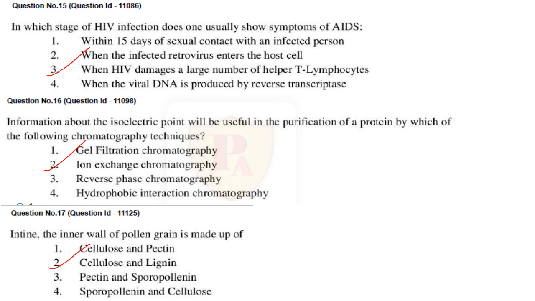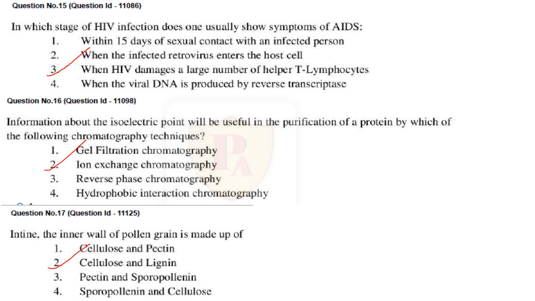If the buffer pH is above the isoelectric point of the protein, it will be negatively charged and will bind to an anion exchanger. Now if the buffer pH is below its pI, the protein is positively charged and will bind to a cation exchanger. So the answer here will be ion exchange chromatography. Answer is option 2.